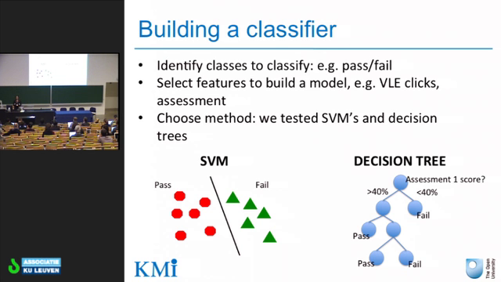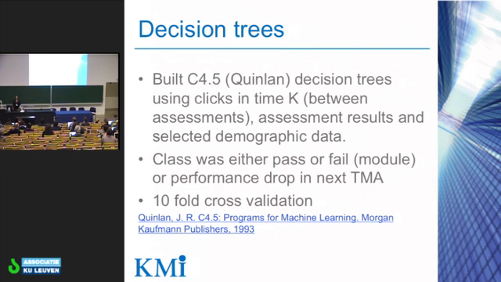So it builds this based on the optimal nodes at each point in the tree. We found that for our data set and our particular problem, the decision tree outperformed the support vector machines quite dramatically. To give a bit more detail, the particular algorithm we used was Quinlan C4.5, which is a variant of ID3 decision tree learning.